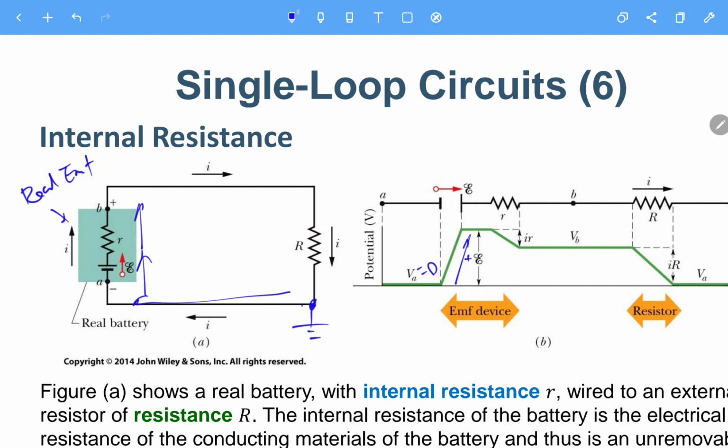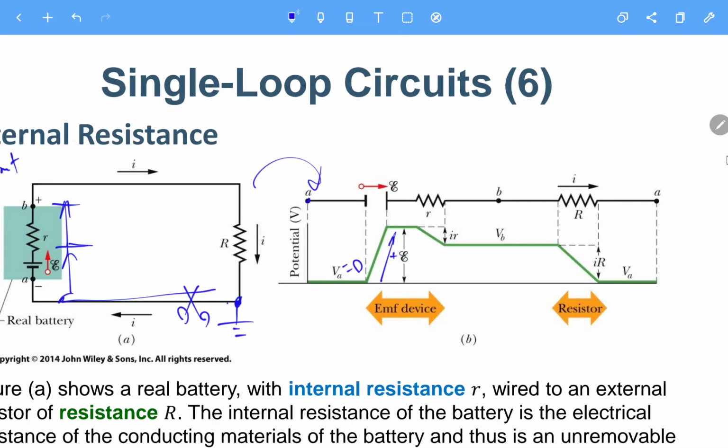After going through this part, you just try to cut it out and then expand it. So this is A, and then the EMF, and then the battery, and then point B, and then also the resistor R, and then going back to point A. So here, from 0, VA going up by E, and then going across this small resistor, there will be a voltage drop Ir.